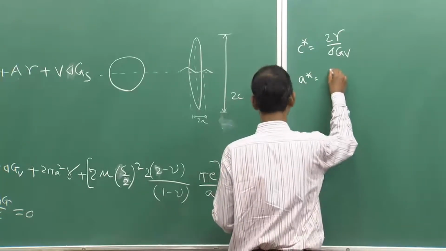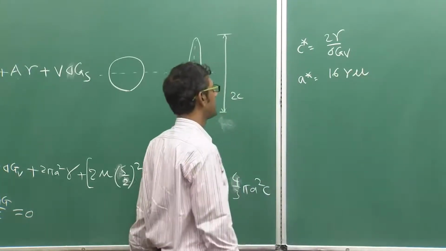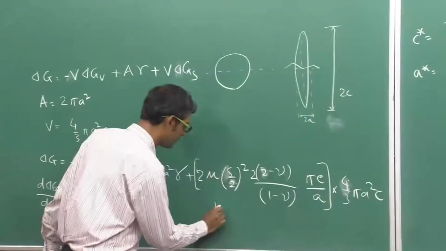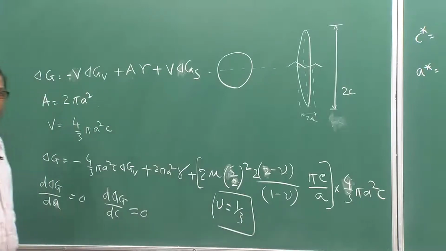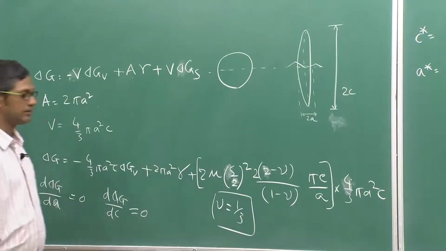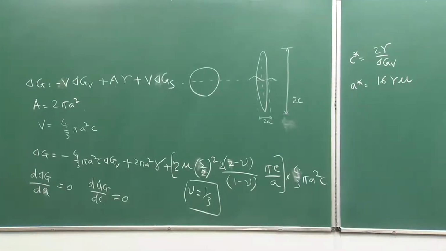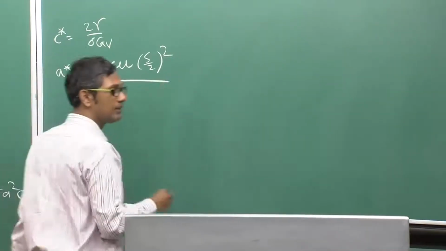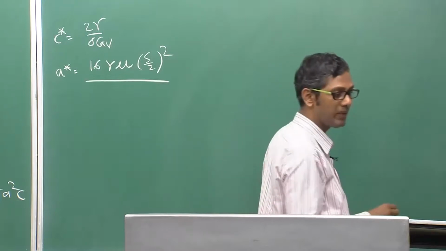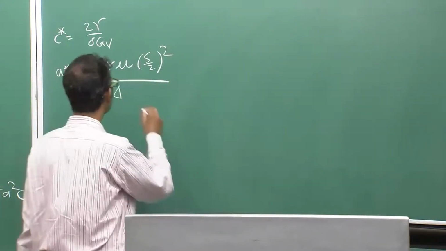A star is basically 2 gamma by... we always assume this nu is basically 1/3 in metals, remember that, you can replace that also. So A star equals mu gamma, this is (S/2) whole square divided by delta GV square, yes, it's correct.